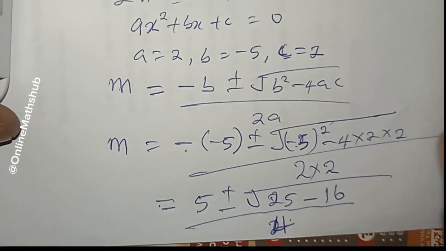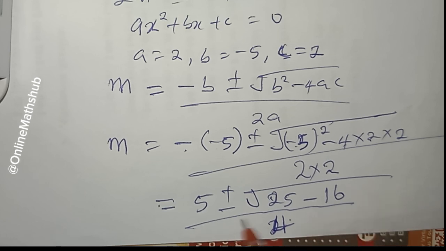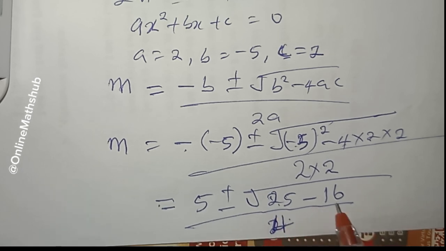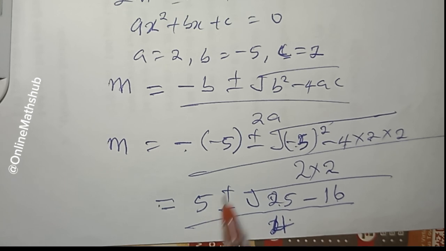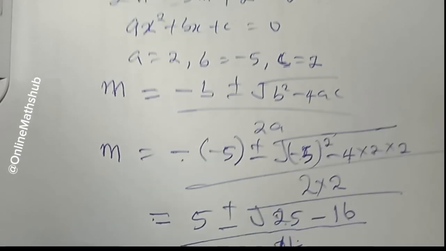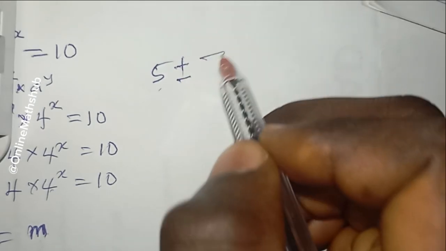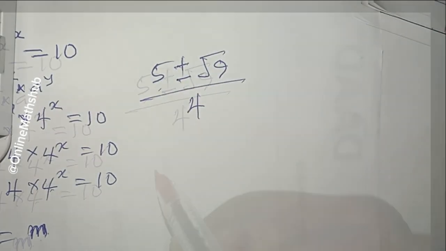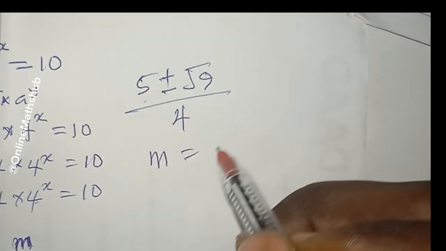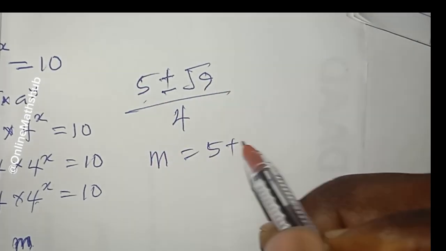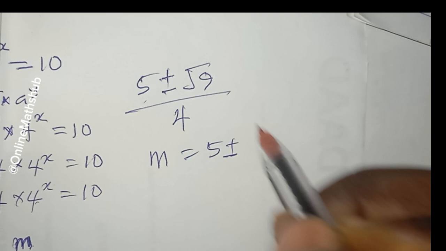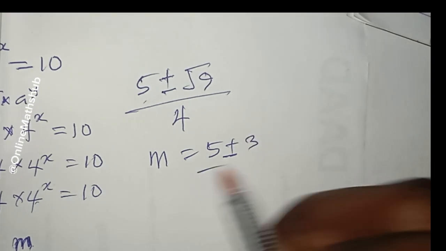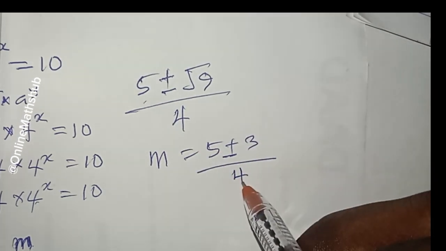Okay, so what we're going to have here is 25 minus 16, which is equal to 9. So we'll have 5 plus or minus root 9 divided by 4. So obviously m is now equal to 5 plus or minus the square root of 9, which is 3, divided by 4 right here.